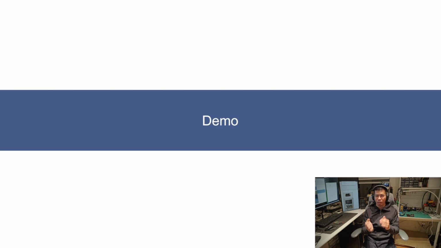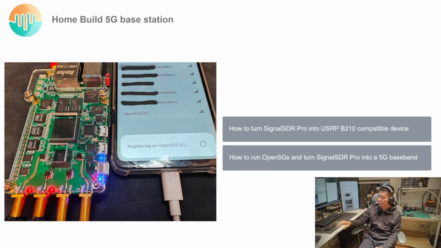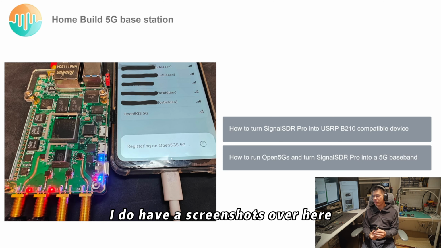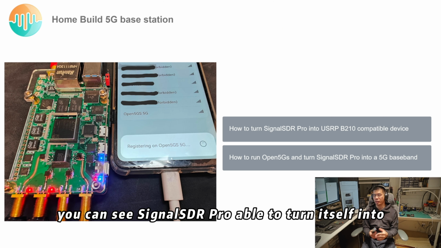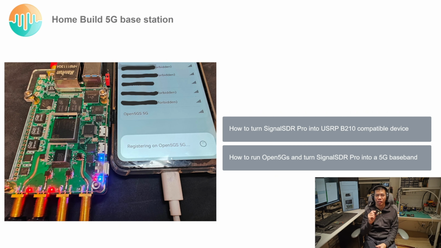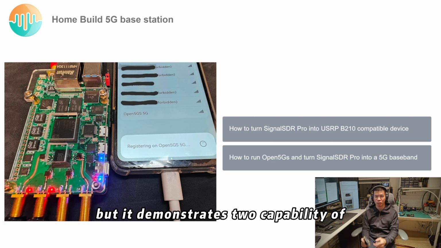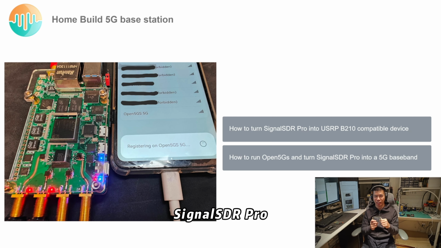So please do allow me to show you a demo of how Signal SDR Pro works, right? I do have a screenshot over here. You can see Signal SDR Pro able to turn itself into a 5G baseband. But please do bear in mind, it's a very, very short video, but it demonstrates two capabilities of Signal SDR Pro.